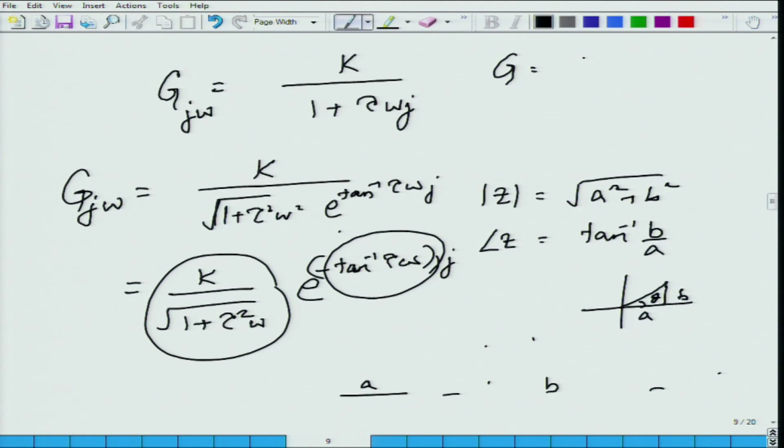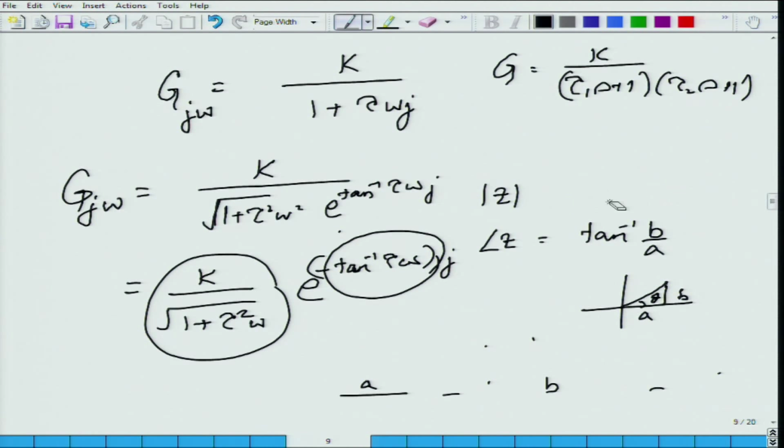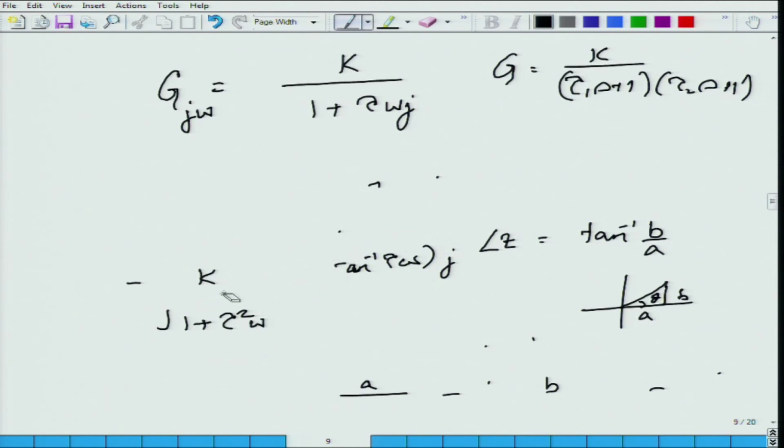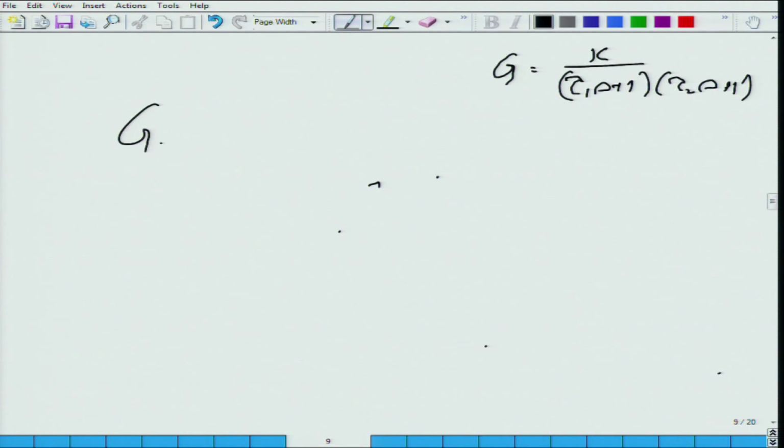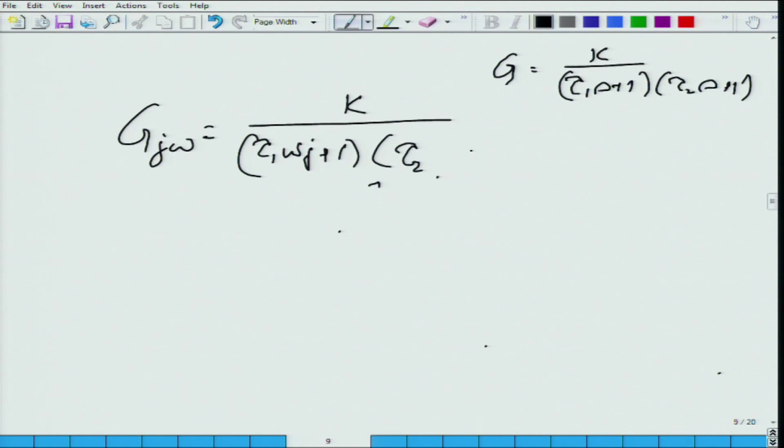So, let us say it was k over (τ1 s plus 1) times (τ2 s plus 1), then all you have to do is, G(jω), for example, here let us fix this, then G(jω) would be k over (τ1 ω j plus 1) times (τ2 ω j plus 1).